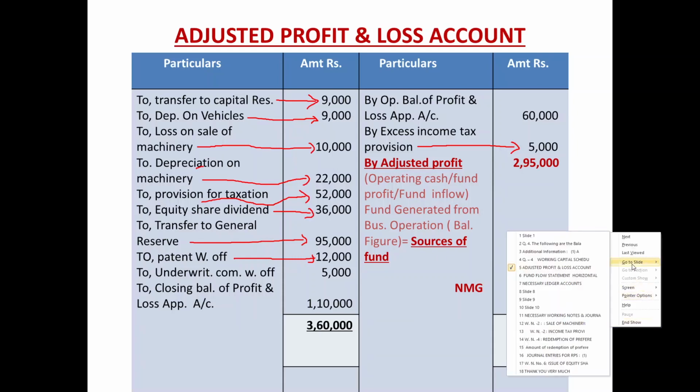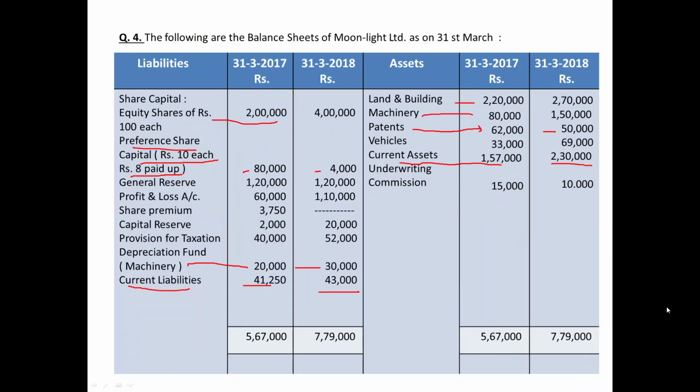Once again, balance sheet verification. After patents, vehicle already over, current assets over, underwriting commission 15,000 versus 10,000. Same impact like we applied in the patents.